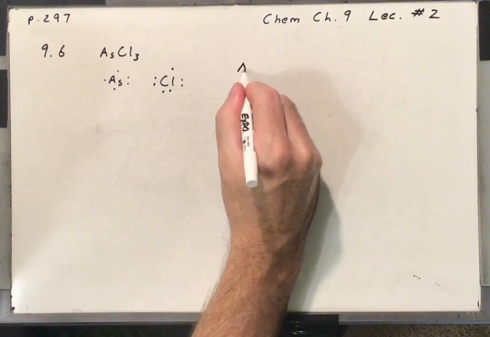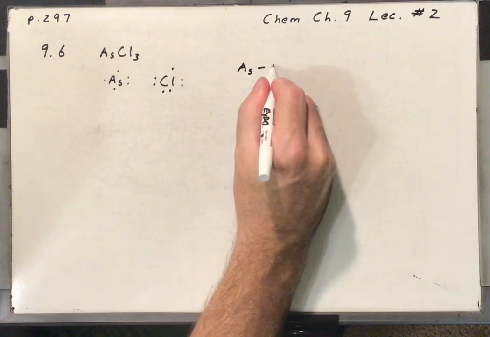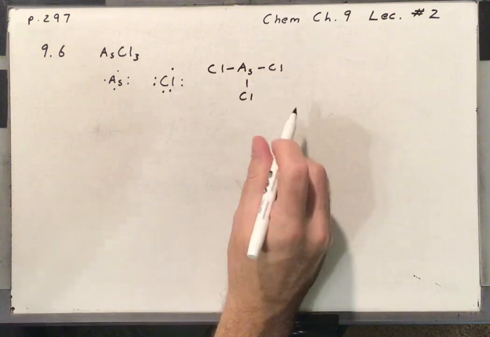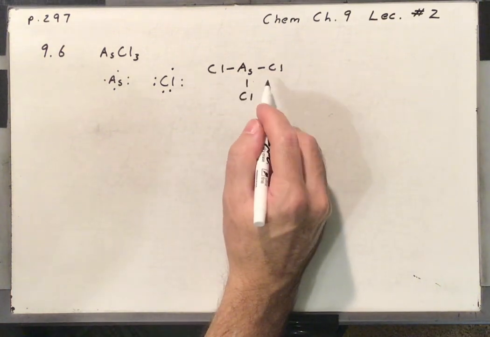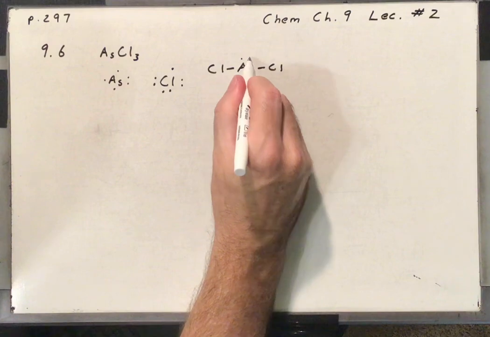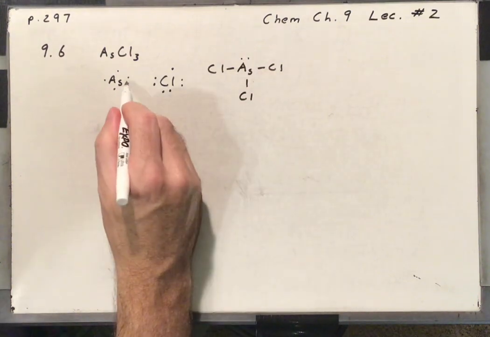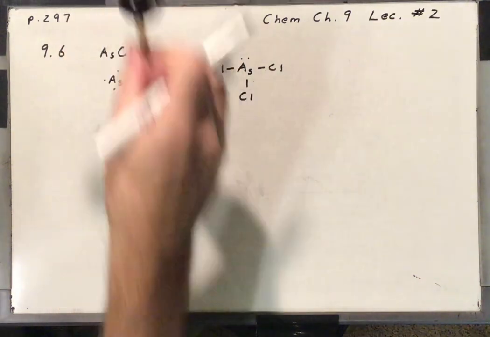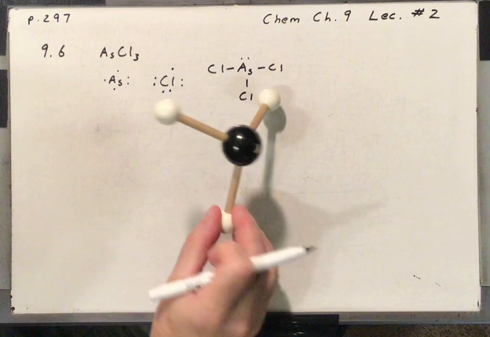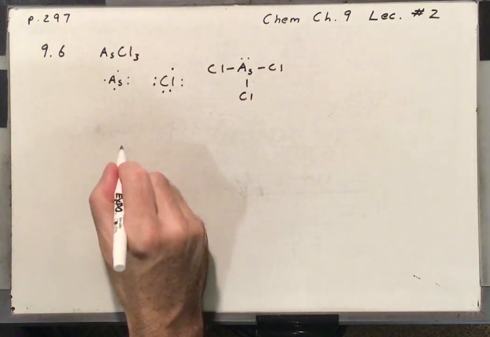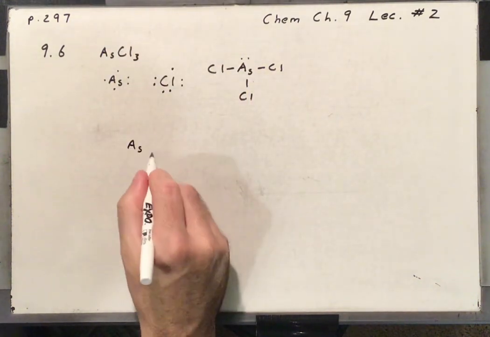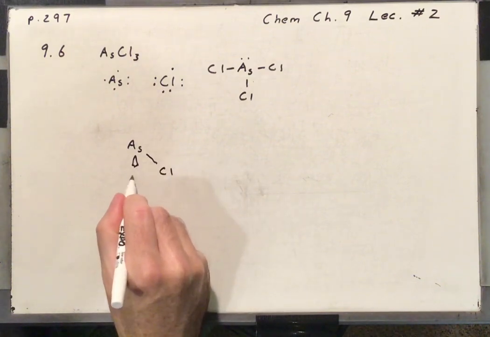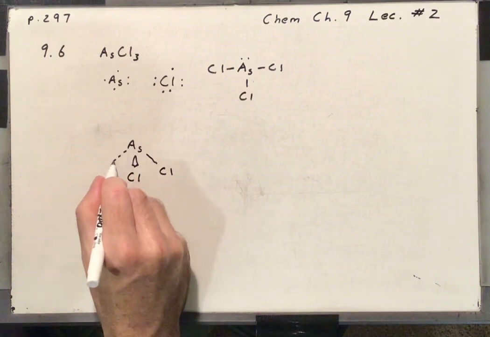Okay, so if I were to draw it like Chapter 8, it'd be something like this. I'm not going to draw the dots. This is just a premature draw here. That's like Chapter 8. And I'll go ahead and draw that pair that's right here for arsenic. So if you have 3 single bonds surrounded by a central atom, that's a pyramidal shape. The way that we draw that, we'll draw arsenic here in the center, a chlorine, and a chlorine.